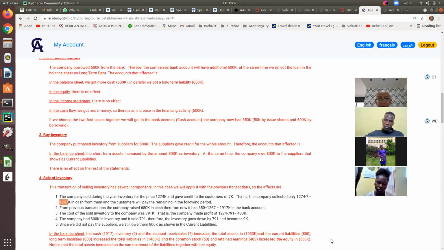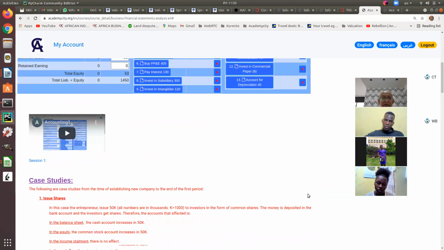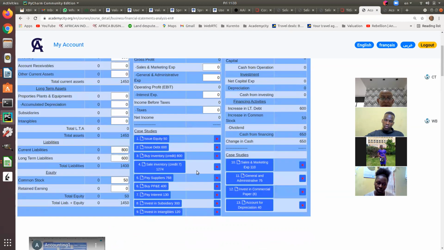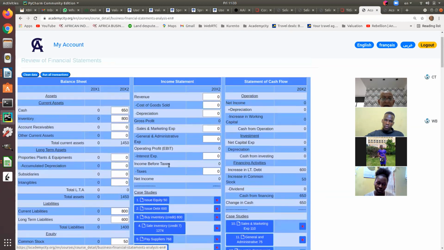Only the difference. If I think about it, I really was supposed to collect 1,274. I now have two types of assets in the company. I will write it and then do the whole transaction as I usually do by clicking on the button. I sold 1,274. That's my revenue.